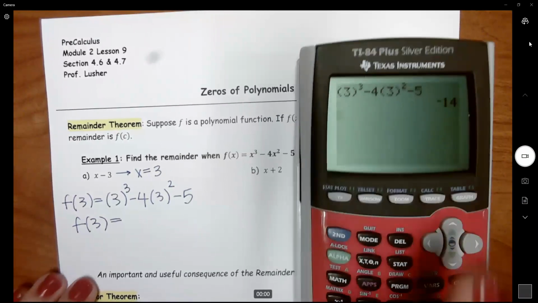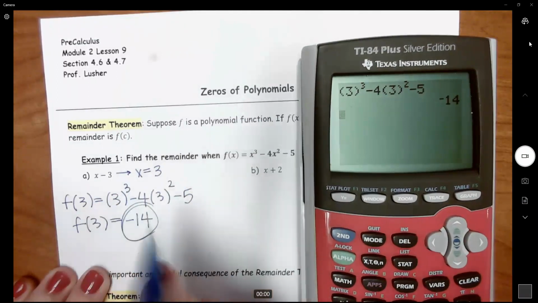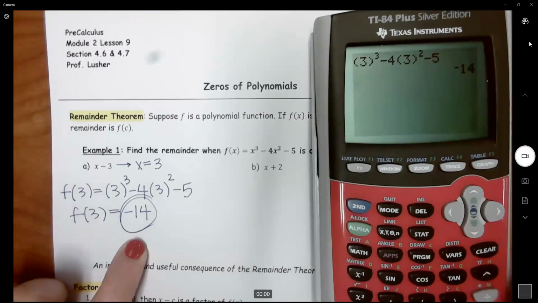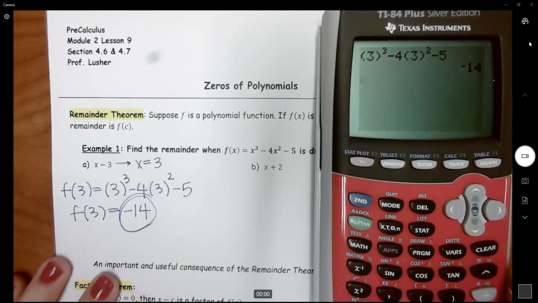We get negative 14. This is my remainder. So if I was to do synthetic division, this is what we would get our remainder to be.